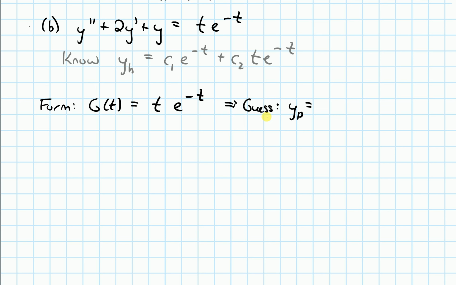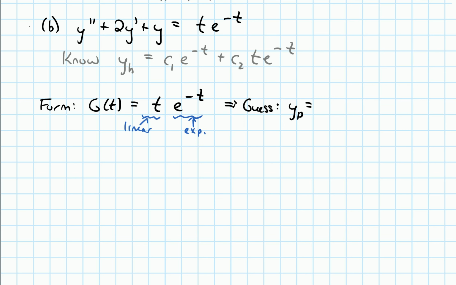So let's first guess what our particular solution is, and then we'll see if we need to adjust that guess at all. g of t is now a little more complicated because it's a product of two different types of functions. We have a linear function, that's this t, and we have this exponential function, e to the negative t. So our guess needs to be a product of a linear function and an exponential function as well.